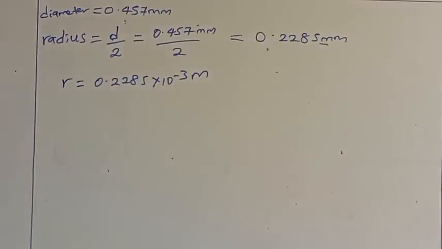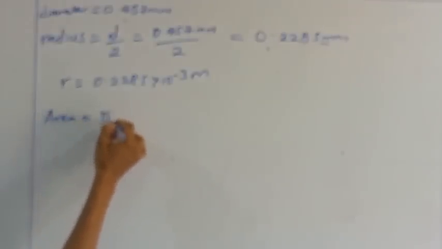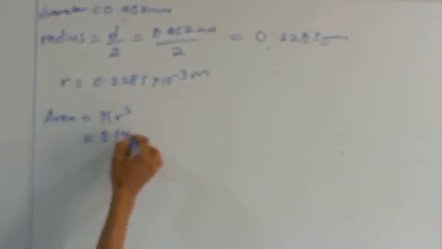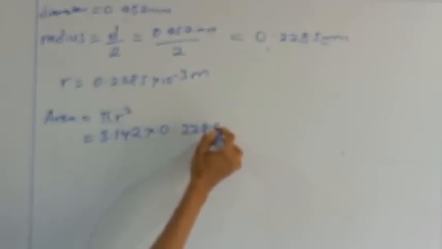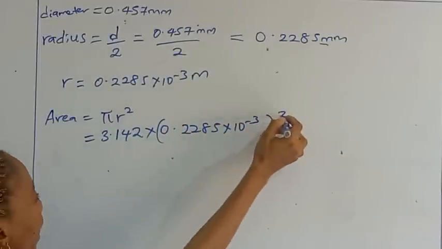So we have the radius. And remember that for cross-sectional area, we are using area to be pi r squared. That will give us pi is 3.142 times our r is 0.2285 times 10 raised to the power minus 3, all squared.